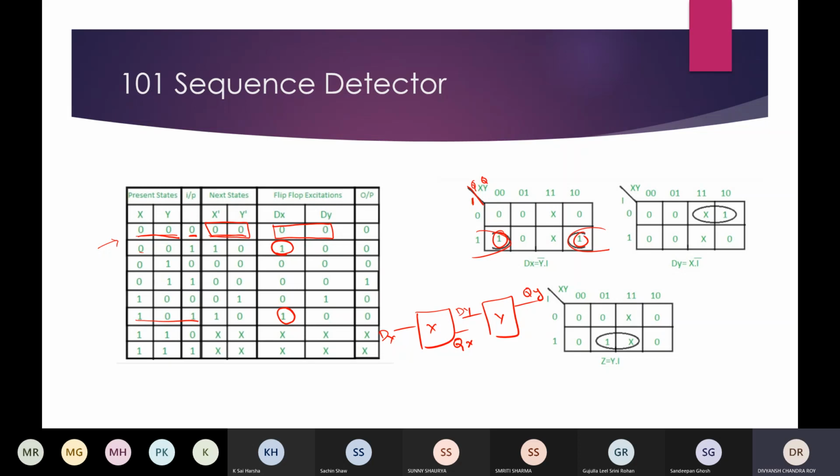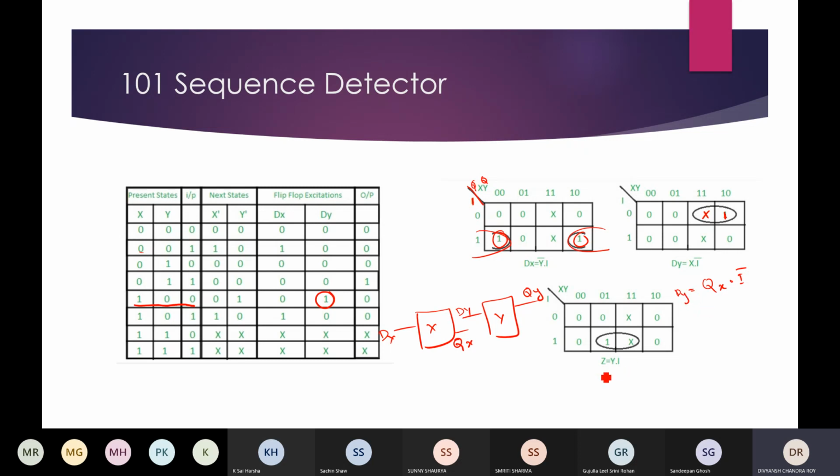And similarly, if I see the dy input is 1 here, and for that the present state and input are 100. So this is 100, and here we have taken the don't care condition for simplicity. So my dy will be the AND of qx and I bar. This will be my dy.